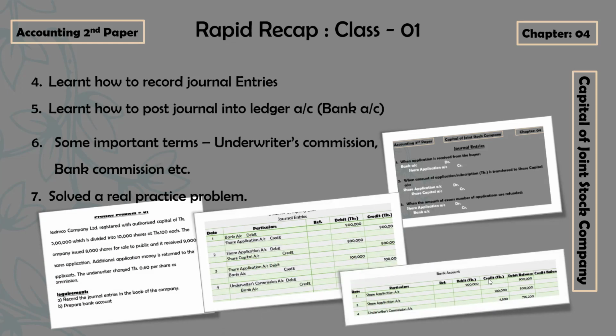Then we learned some important terms, that is underwriting commissions and bank commissions, and after that we solved a real practice problem. There are snaps of them. You can see here. So here comes our class 2. Let's begin.